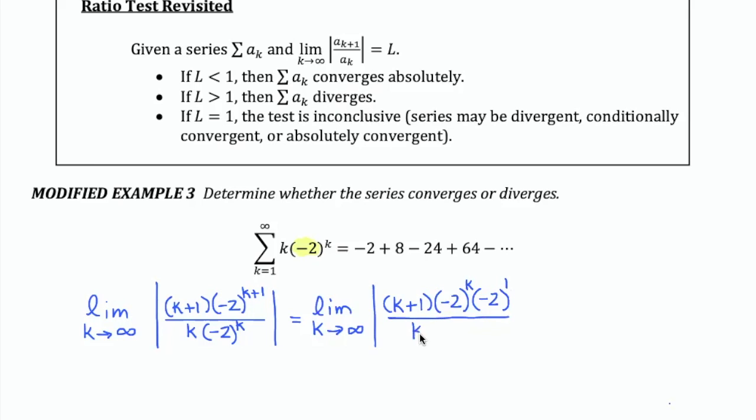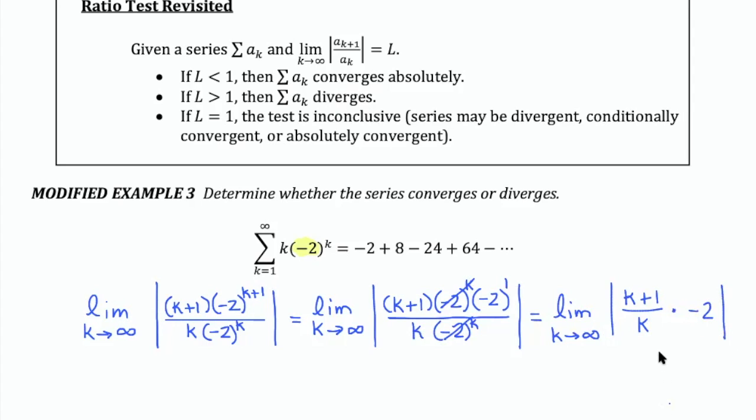And of course, the reason I'd want to do that is it creates some cancellation with the bottom part of this fraction. I can get rid of these terms. So now I've simplified my ratio to be the absolute value of k plus 1 over k times -2 to the first power.